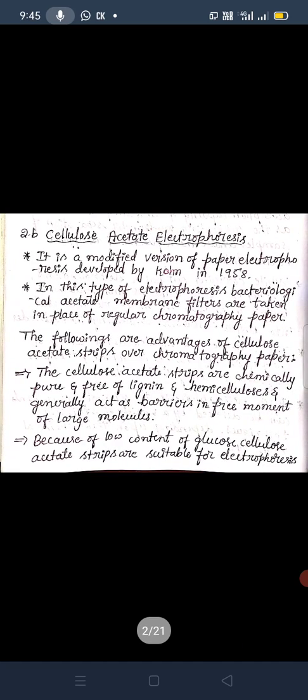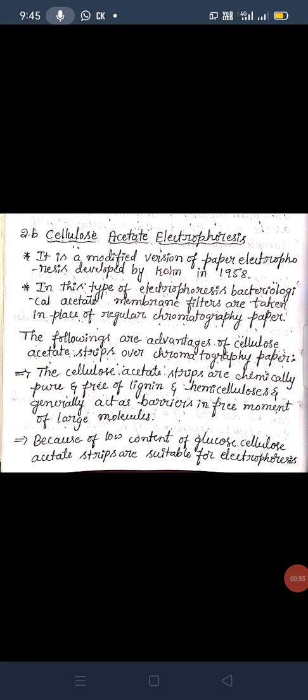It is a modified version of paper electrophoresis developed by Kohn in 1958. In this type of electrophoresis, bacteriological acetate membrane filters are taken in place of regular chromatography paper.